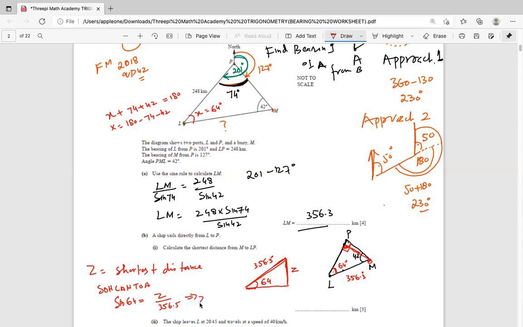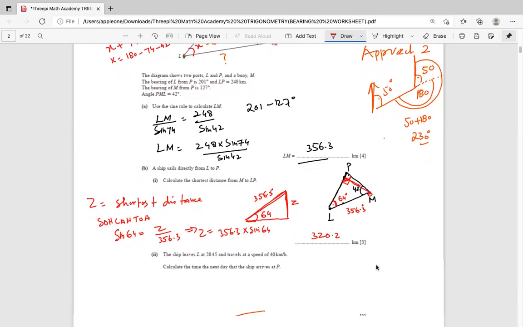It means Z is 356.3 into sine 64. So the result is 320.2. With me, 320.2 kilometers is the shortest distance.